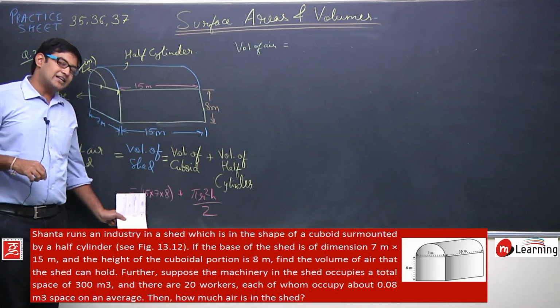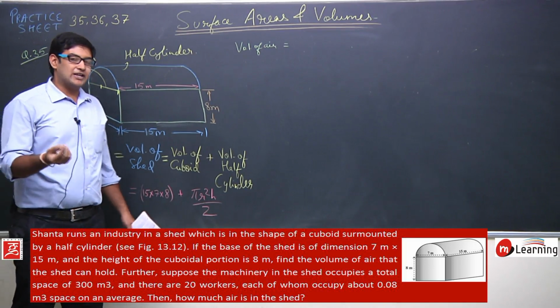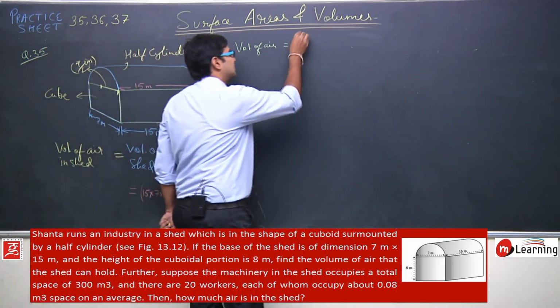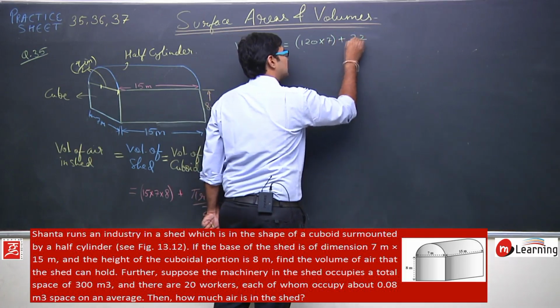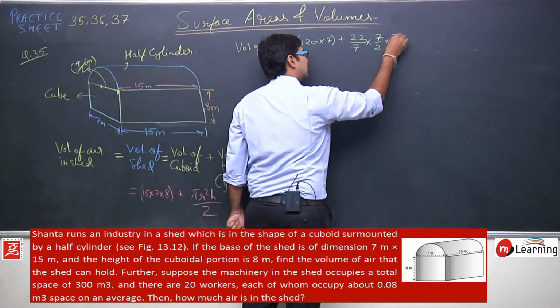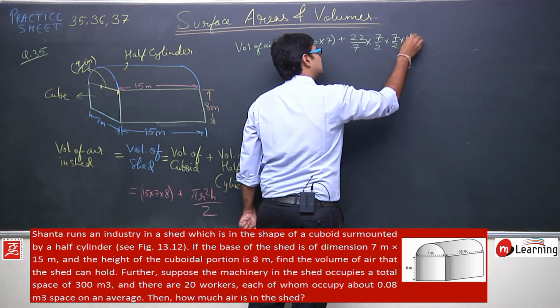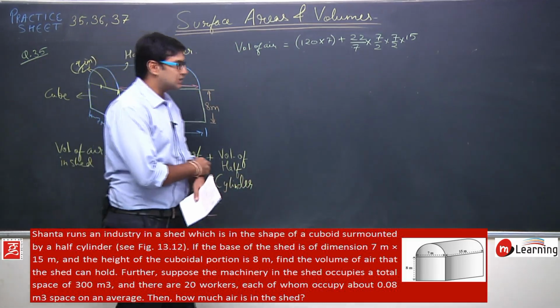So 8 ones are 8, that is 10, so 80, and 8 fives are 40. So 80 plus 40 is 120, so I can write this as 120 into 7 plus pi is 22 upon 7 into radius 7 upon 2 into radius 7 upon 2 into h is 15. Okay, this will be the height. So pi r square h.